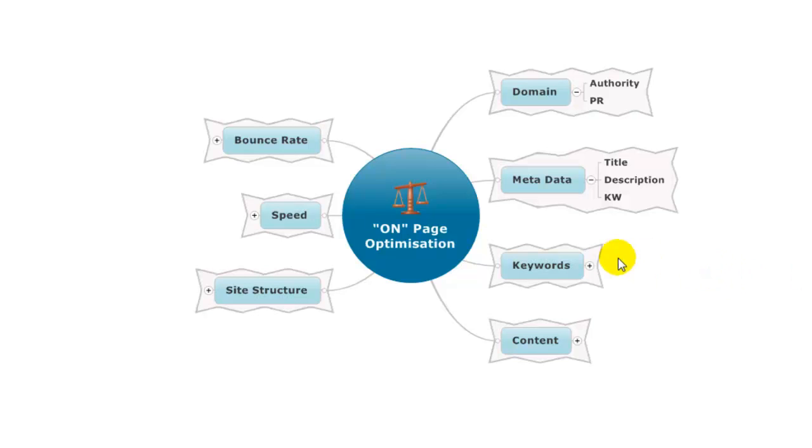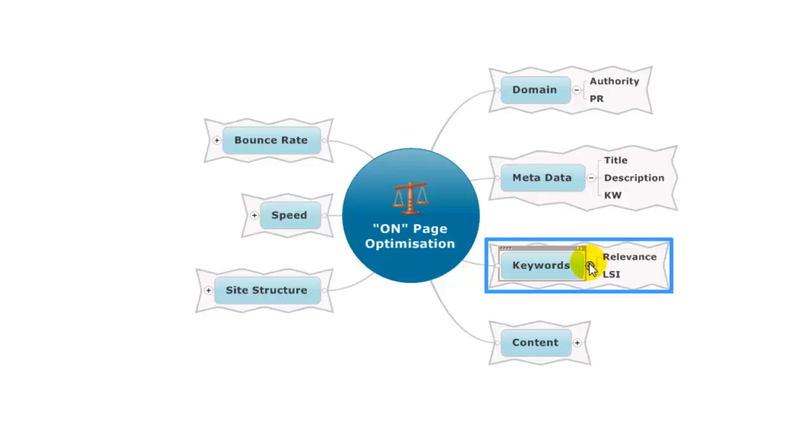If we now look at the next section, which is keywords, again Google is all about relevance, as we've talked about before, and it's very important that we pick keywords that are relevant to what we're trying to rank for. So if we go back to our example of dog training, we did a lot of keyword research, and if we're using a lot of words that Google's suggested to us in content and in subsequent pages on the site, then our site is going to be very relevant in Google's eyes.